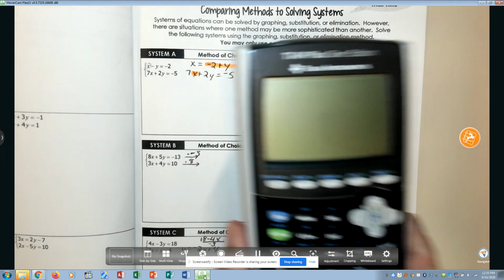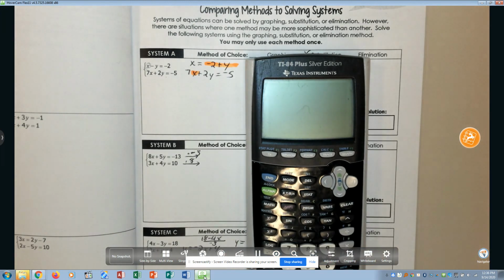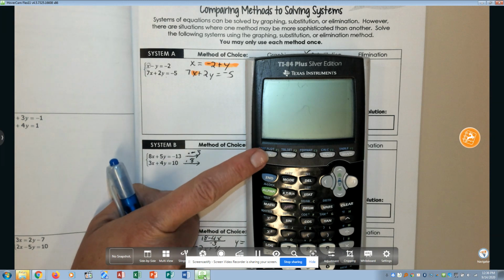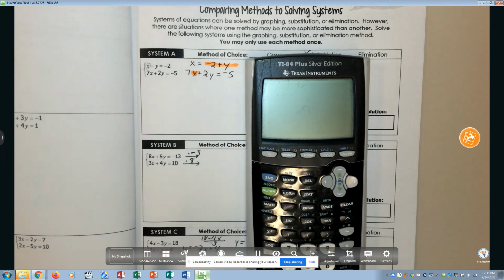All right. Now there is a Chrome application, I think they call it, that you guys can use to do this. You can also use Desmos to find your intersection point too. So when you use a graphing calculator or Desmos, you always need y equals. So we start with y equals right here.